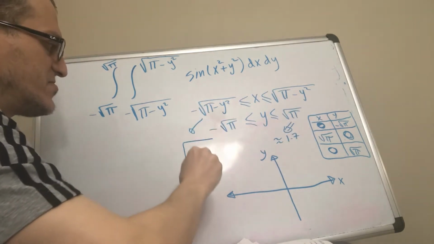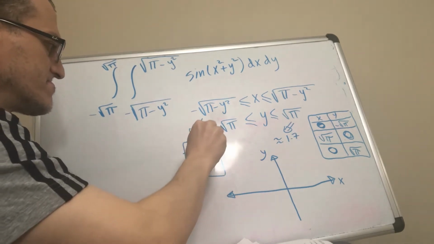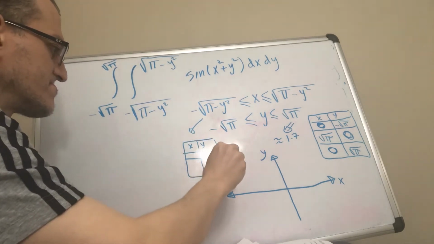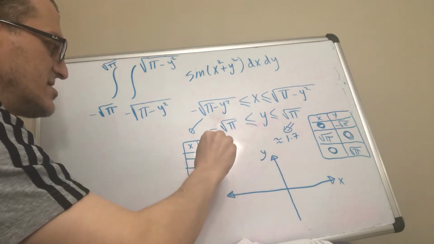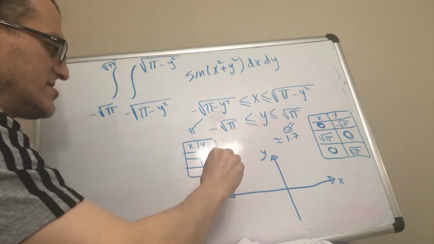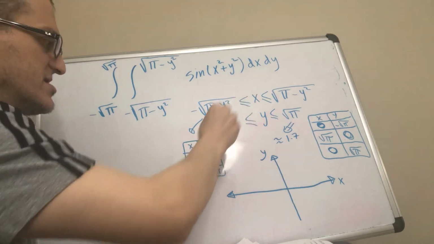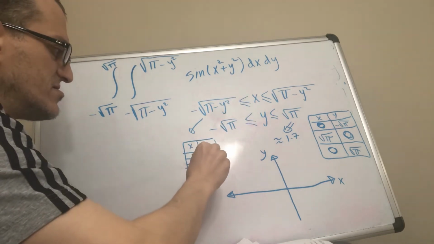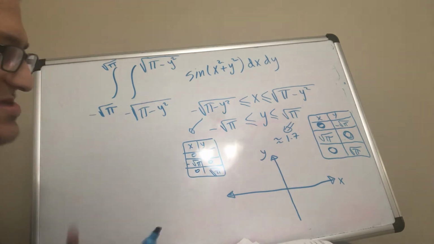If we do the same for this, again, we can put negative root pi, 0, and positive root pi. This will give me 0 again, this will give me 0 again, and this will give me negative root pi. So we say root pi is about 1.6.